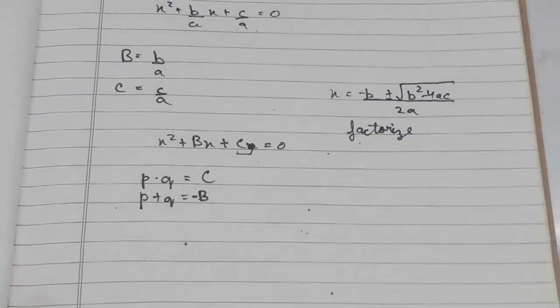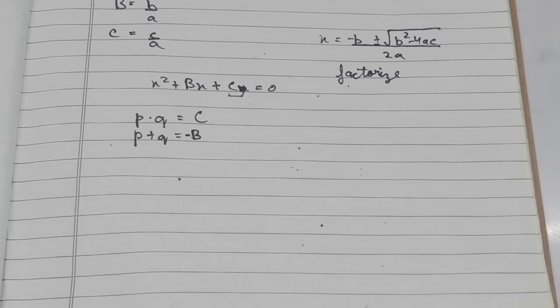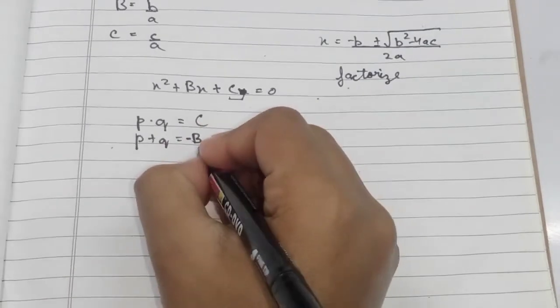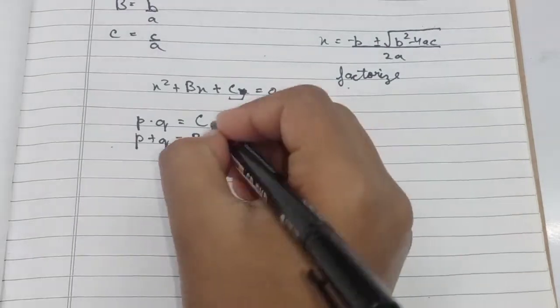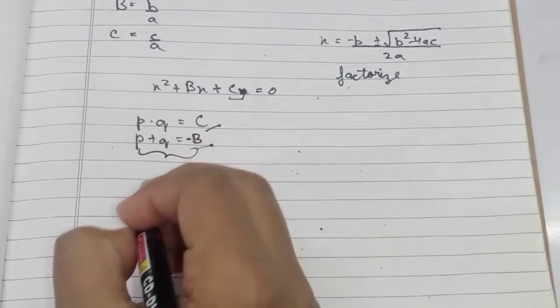But in Poisson-Law's method, we will consider the minus b one first, and after that the other one. So taking this in hand, we have minus b.